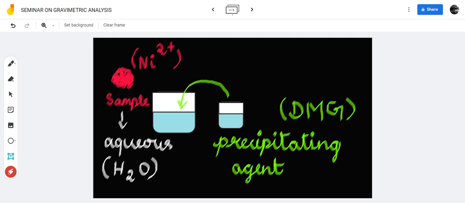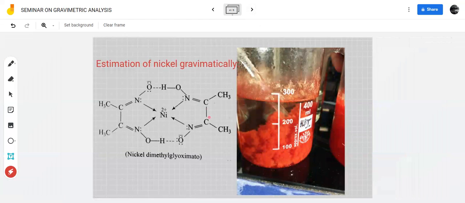Once you add this, hopefully you will get a stable precipitate. That precipitate is called nickel dimethylglyoxime. It is a scarlet red complex that you can find in the next frame here. This is the structure of the complex, and this is how the precipitate will look.